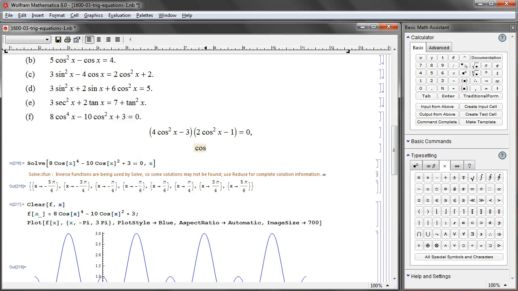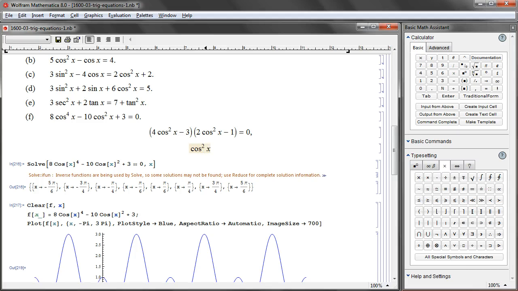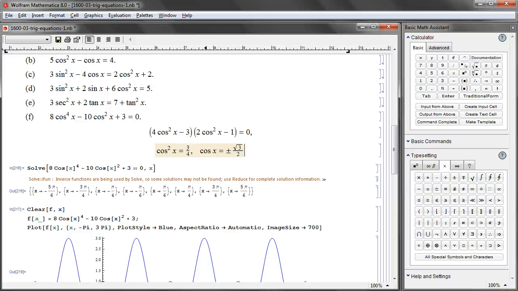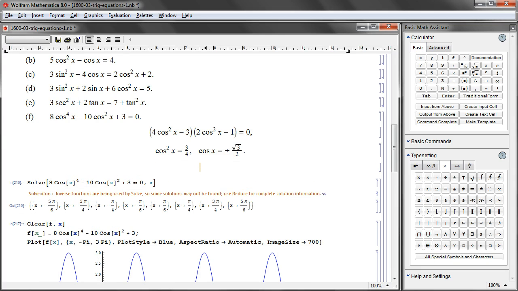From the first factor, we get cosine squared of x equals 3/4. So if I take plus or minus square root, you're going to get cosine of x is plus or minus square root of 3 over 2. And square root of 3 over 2 is coming from the basic angle. So we have some solutions.